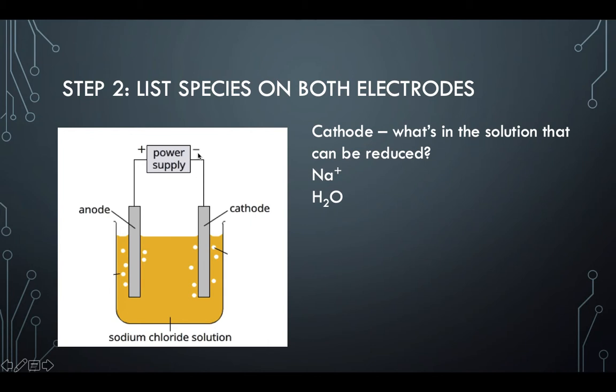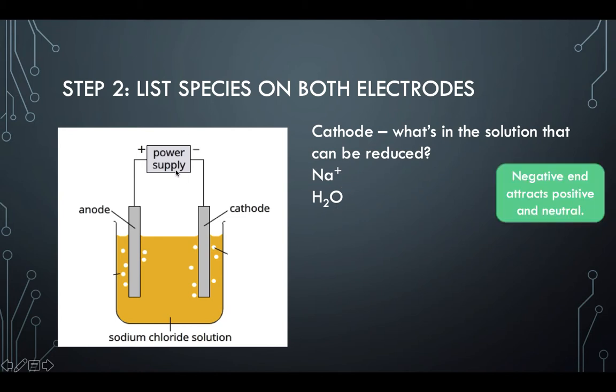The negative end is always going to attract something positive or something neutral. Yeah? So if you already have a negative charge, you're either attracting the positive charges or neutral charges. Because if you don't have any charges, you will be attracted by something that has a charge. Okay? So on the other end, that's the positive end of the power supply.